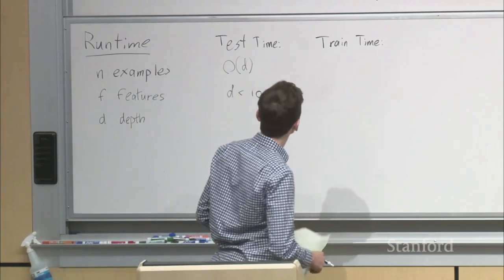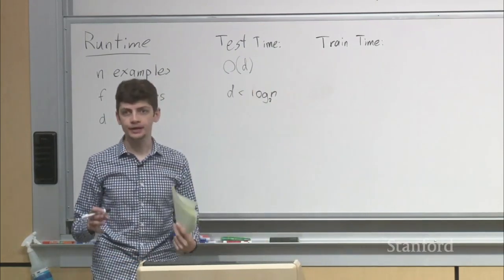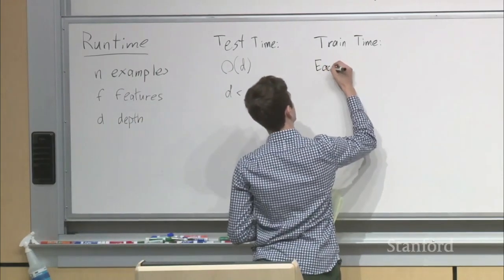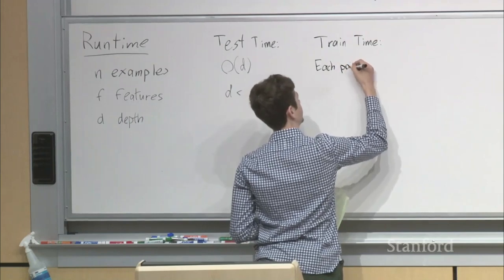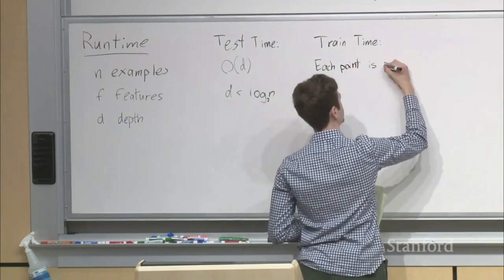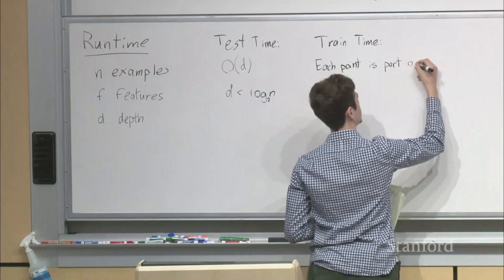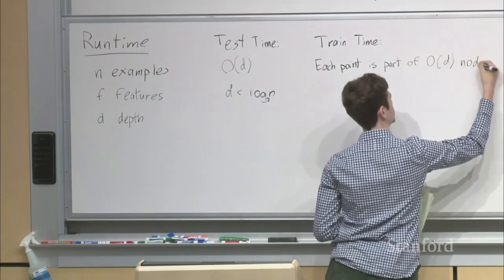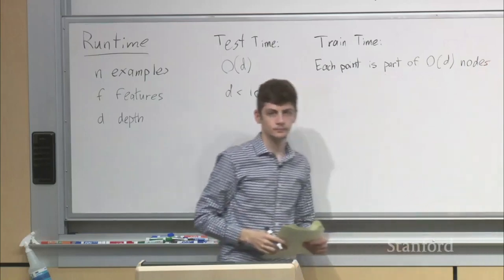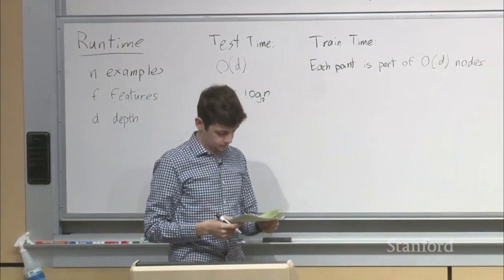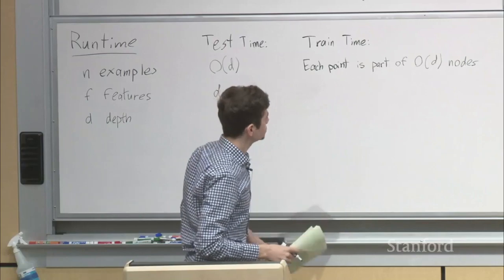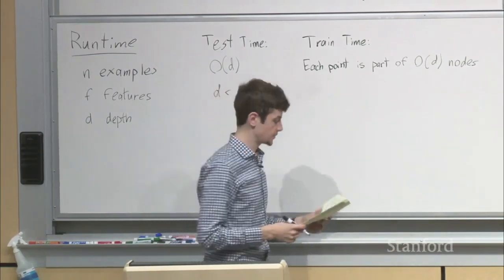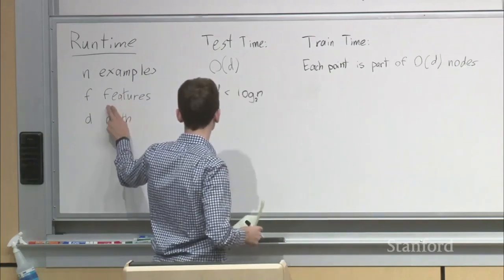So if your tree is of depth d, each point is part of O of d nodes. Okay? And then at each node, you can work out that the cost of evaluating that point at train time is just proportional to the number of features, f.